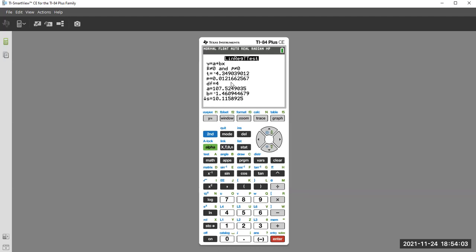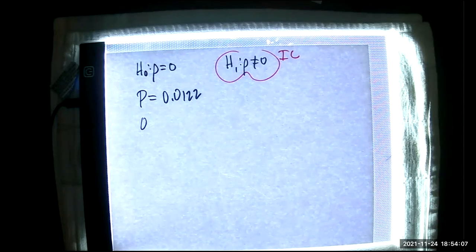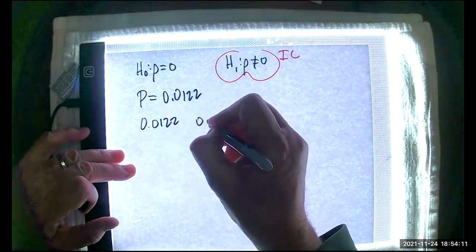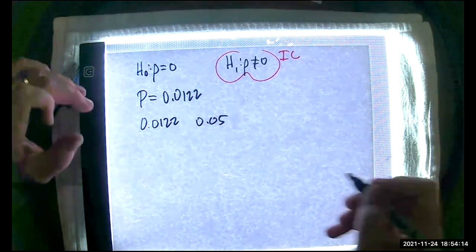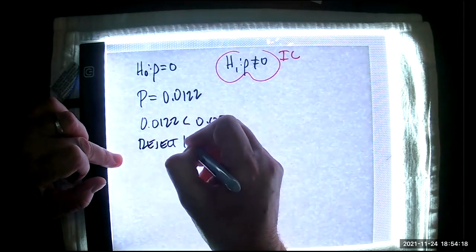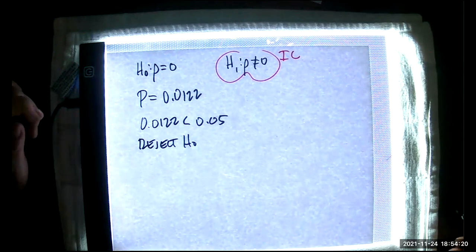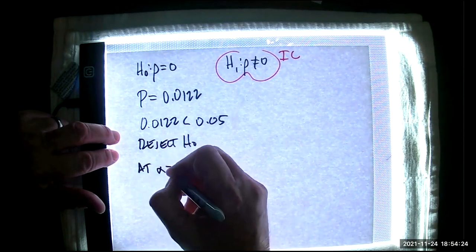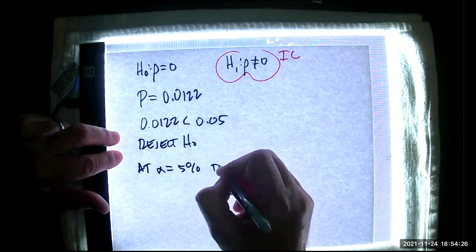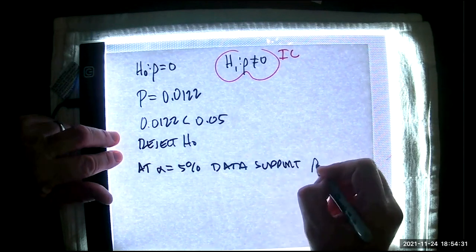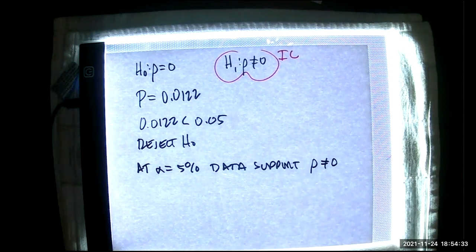So, 0.0122 versus 0.05. Ooh, less than. We get to reject H naught, and to go through all the tedious steps, at alpha equals 5%, the data support rho not being equal to 0.